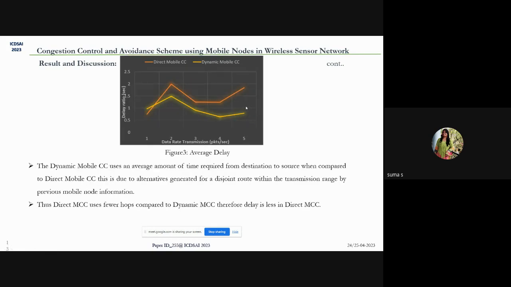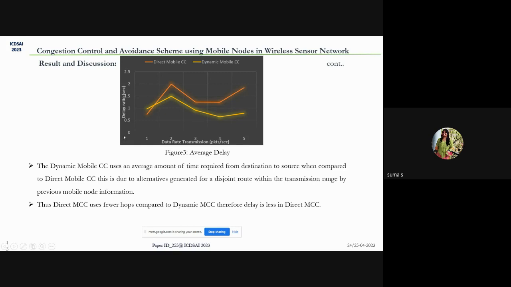The next graph depicts the average delay. Here, the y-axis shows the delay in terms of seconds. The dynamic mobile congestion control uses an average amount of time required from the destination to the source when compared with the direct mobile congestion control.